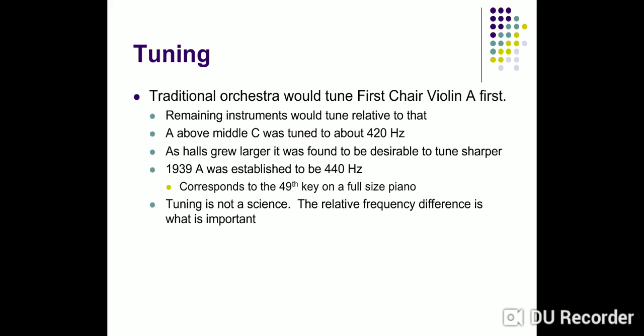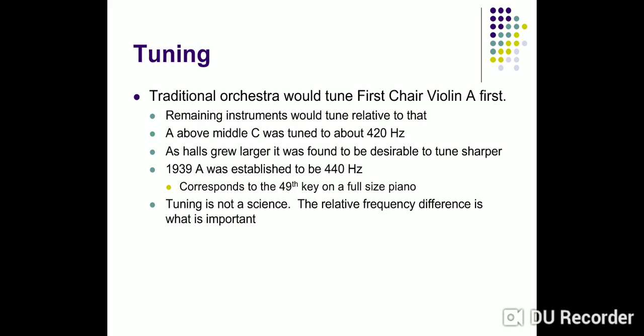Let us see tuning. The tuning depends on the traditional orchestra, where the first chair violin would tune first, and the remaining instruments would tune relative to that. A above middle C was tuned to about 420 Hz.